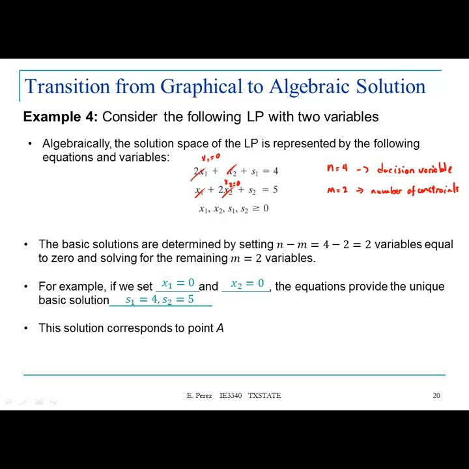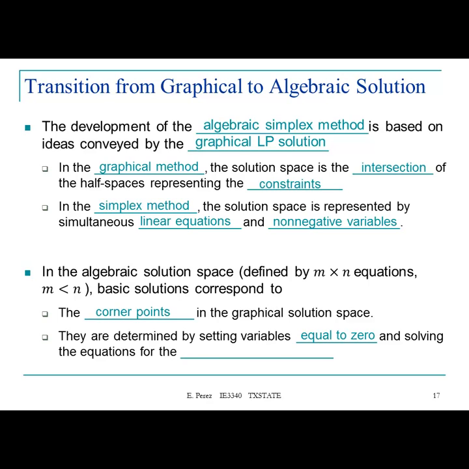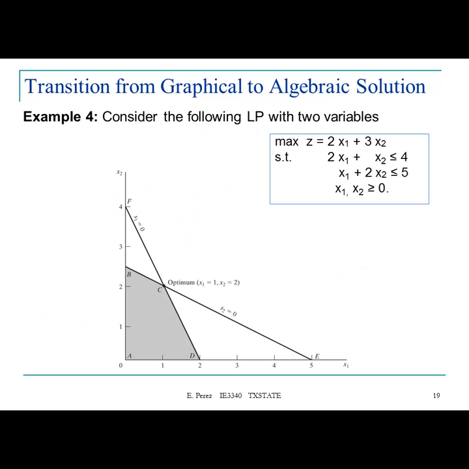Let me go back to that graph. The point in which you have x1 equals 0 and x2 equals 0 is this point. Okay?